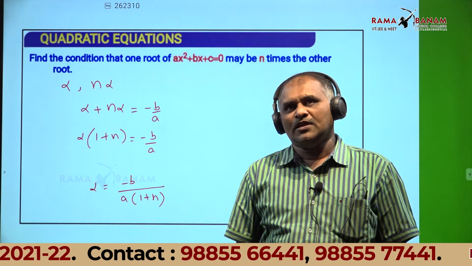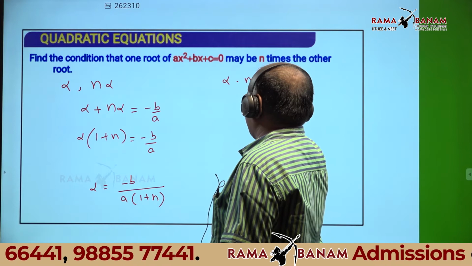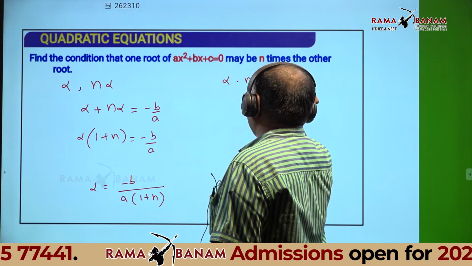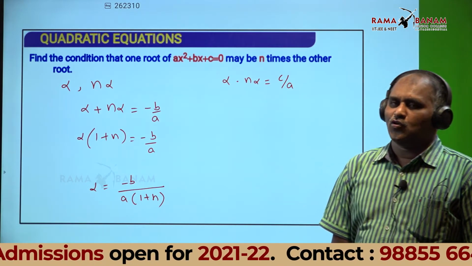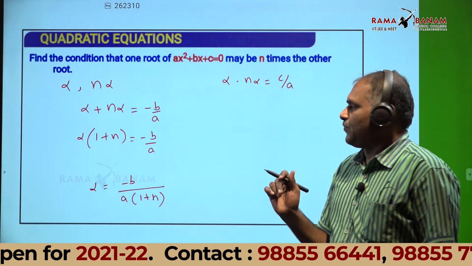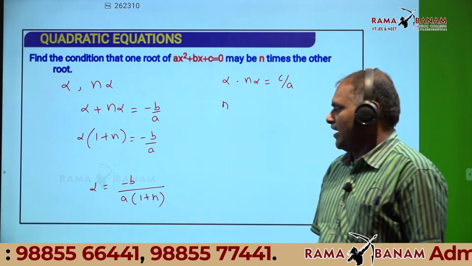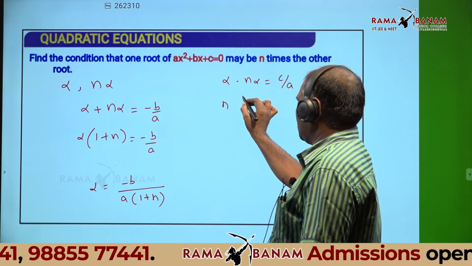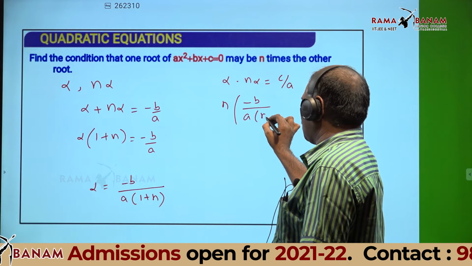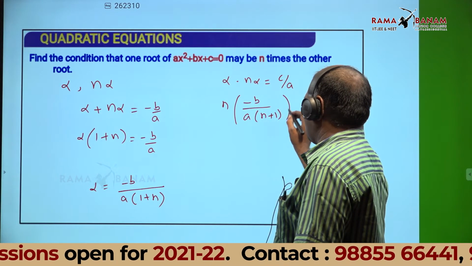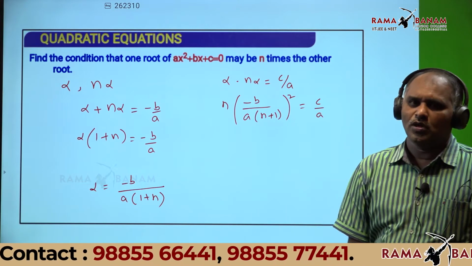What is the product of the roots formula? C by a, very good. Here alpha into n alpha is equal to c by a. Therefore, n alpha square, substituting alpha, is n into minus b by a into n plus 1, whole square, is equal to c by a.